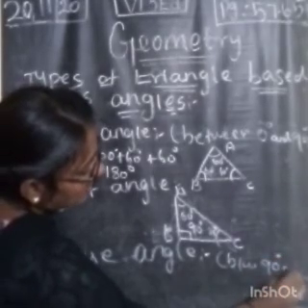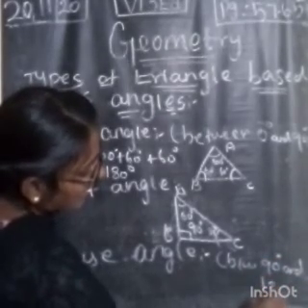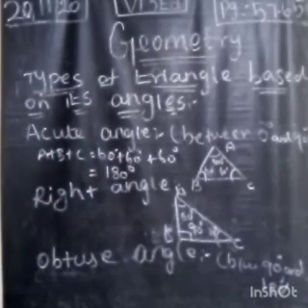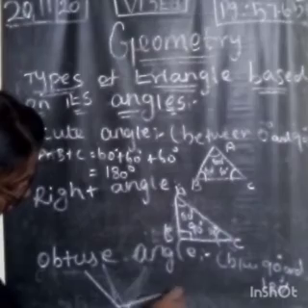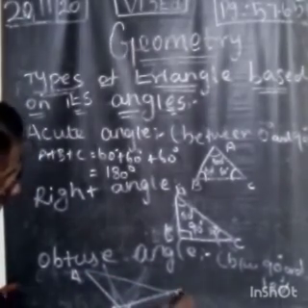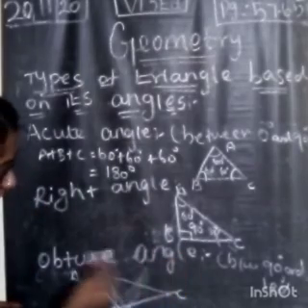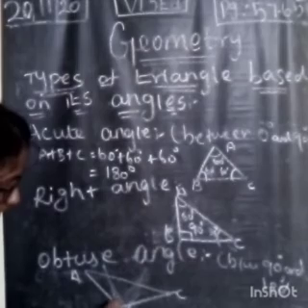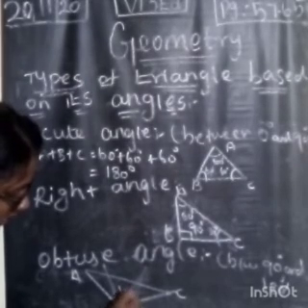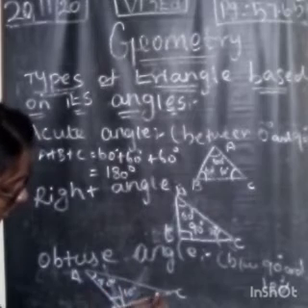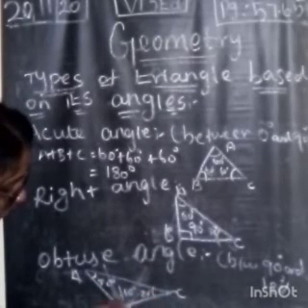A, B, C. Here 110 degree, and A has 50 degree and C angle has 20 degree.